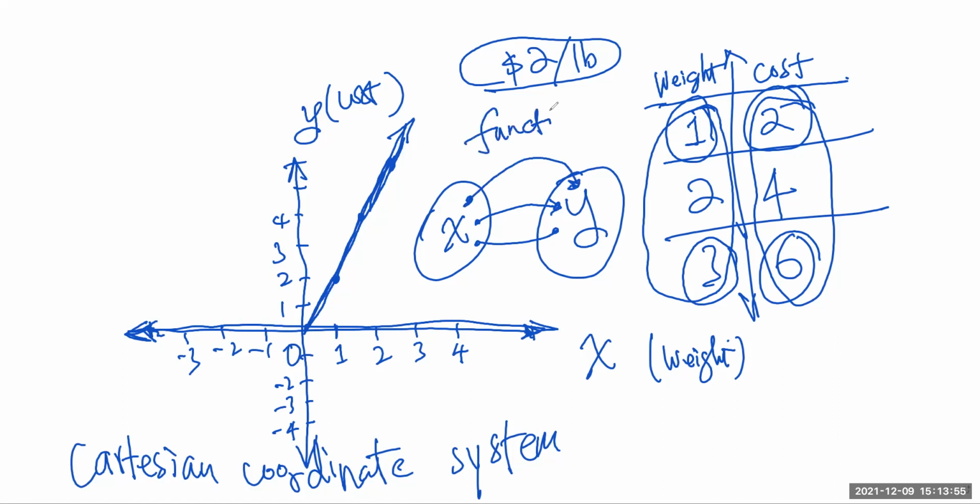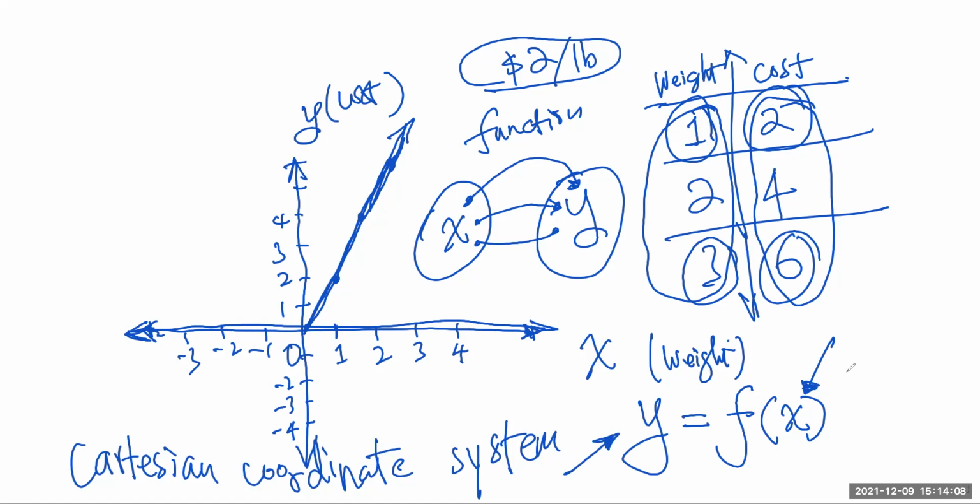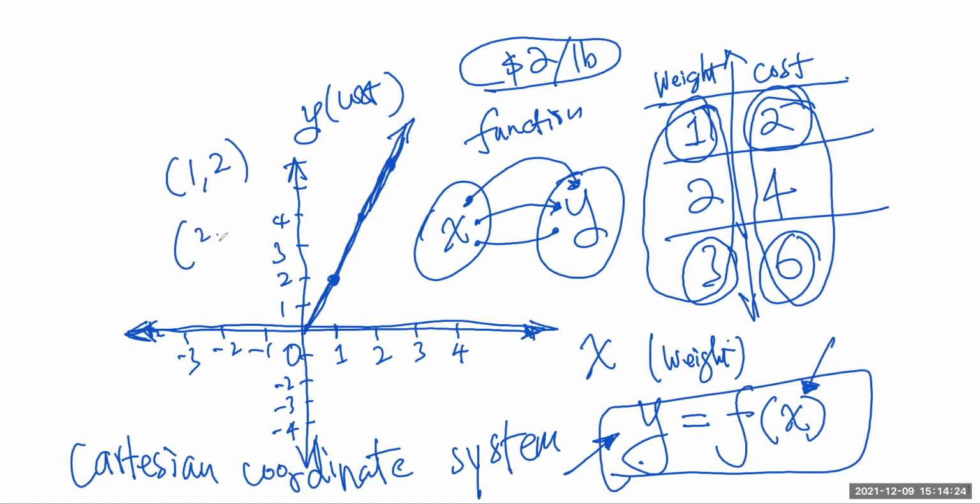A function we write as Y equal to F of X, where F stands for function. In this case, our X is weight, our Y is cost. So knowing the weight, we'll find our Y. When we graph this, 1 pound is $2, which gives us 1, 2; 2 pounds is $4; and 3 pounds is $6.